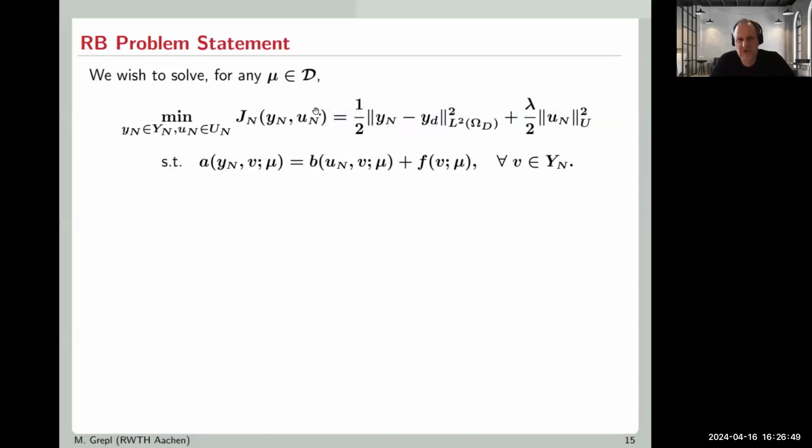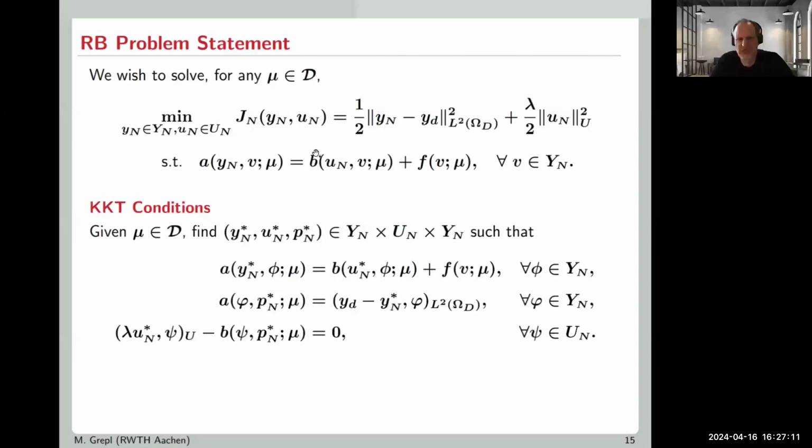And then we can write down the reduced basis problem statement. So again, we want to solve for any mu, minimize the cost functional Jn. Now we replace basically y by yn, u by un. We want to, again, minimize the deviation of yn from yd plus a regularization term containing un, such that the RB approximation of our parametrized PDE is satisfied.